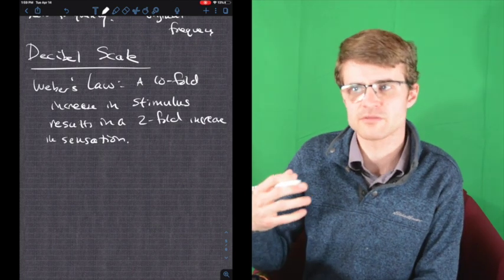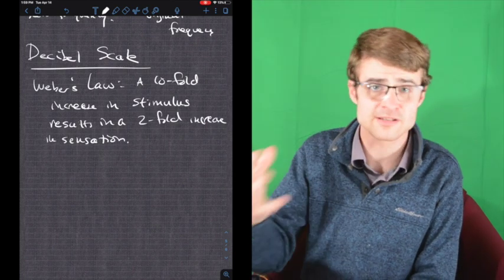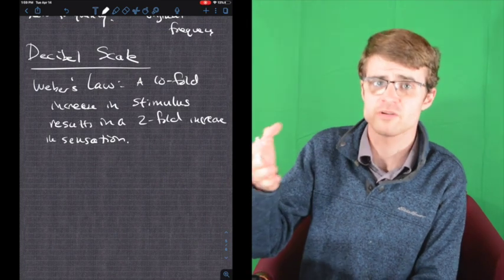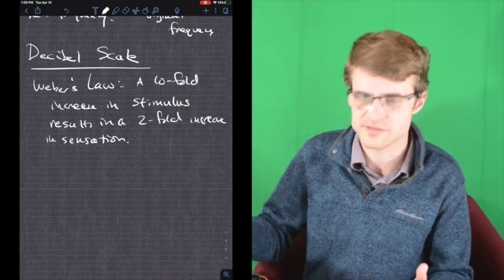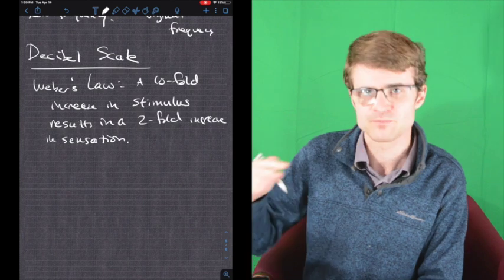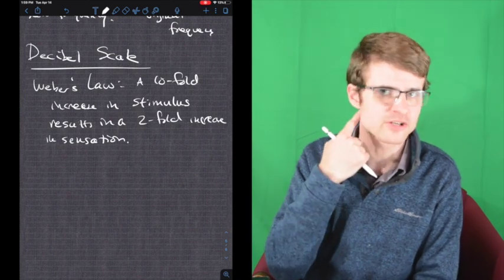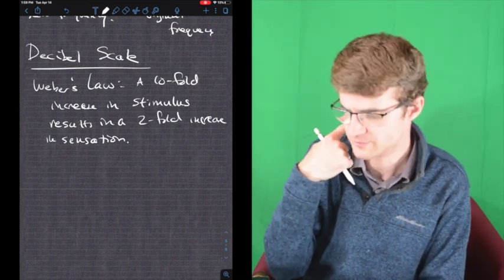So a sound that is 10 times as intense is only perceived by the ear as being about twice as loud. Basically, it's a sophisticated way of saying your ears have a logarithmic response to signals.